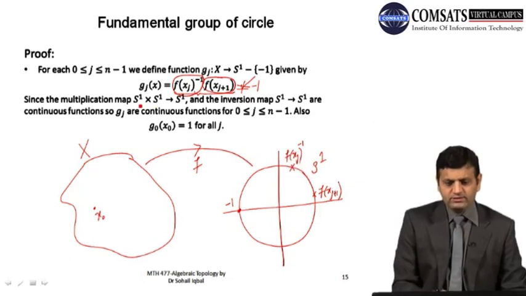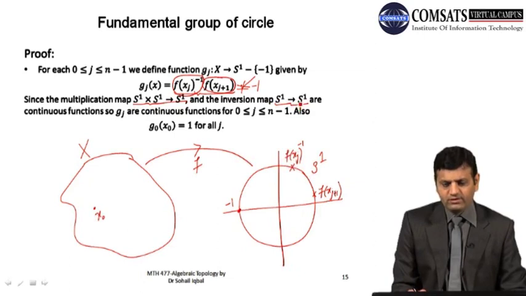And due to the fact that multiplication and inversion maps are continuous functions, and we are using these two in the definition of gj's, that's why gj's are going to be continuous functions. Also gj of x naught is equal to 1 for all j.